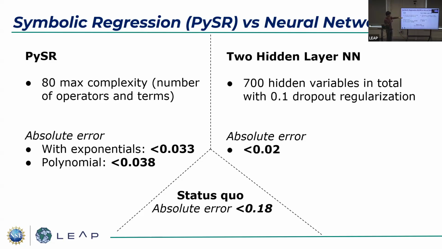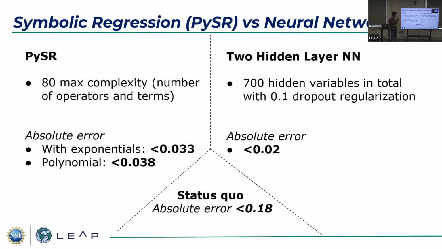And regarding complexity, because some of you may not be as familiar with the term, x plus y, for example, will have a complexity of 3 because you count x, y, and you count the plus operator. So 80 max complexity probably amounts to just half that in the number of variables.